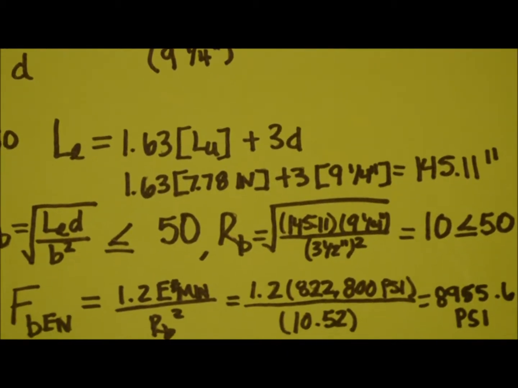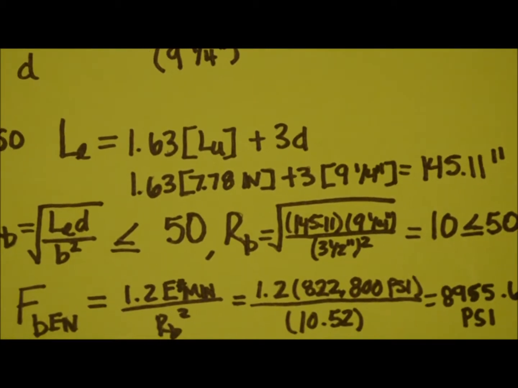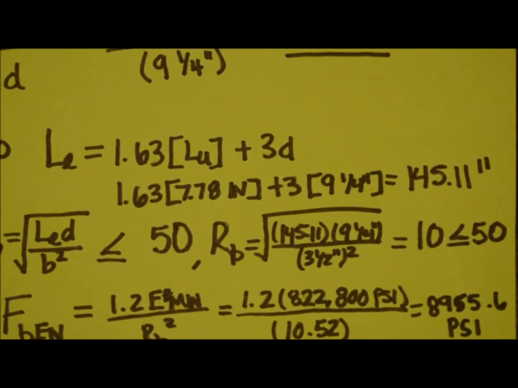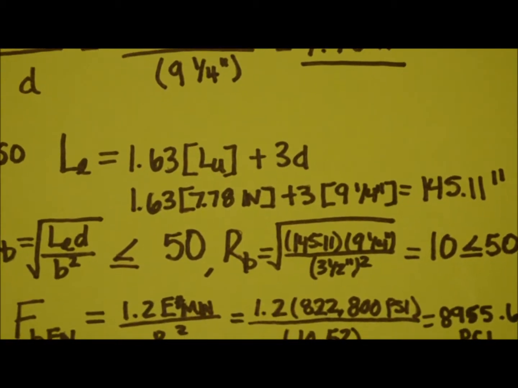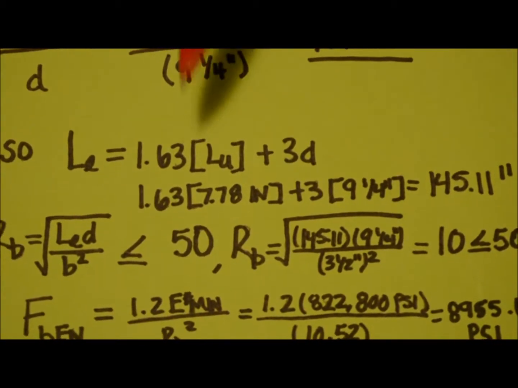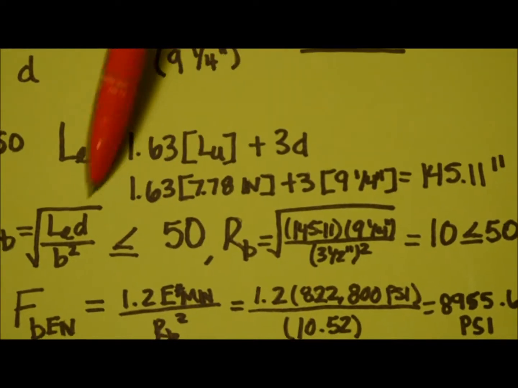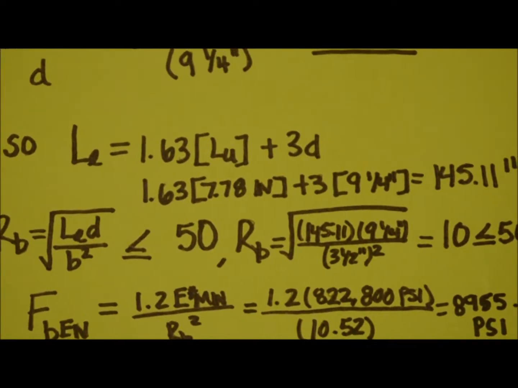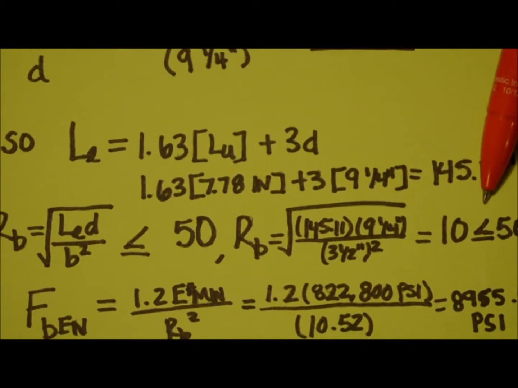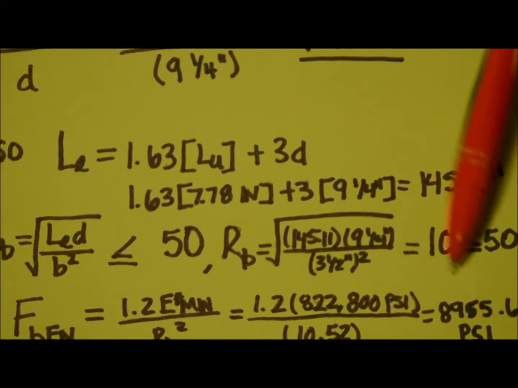Now we'll need to solve for our slenderness ratio. That equation is the square root of Le times d divided by b squared. And this value must be less than or equal to 50. So using the numbers we just solved for, our slenderness ratio is equal to 10. And this is acceptable because it is less than 50.